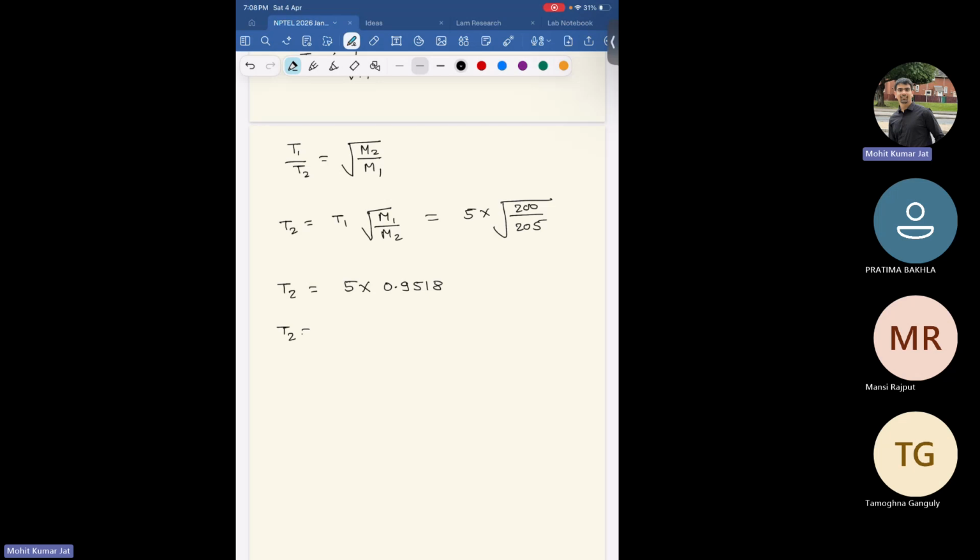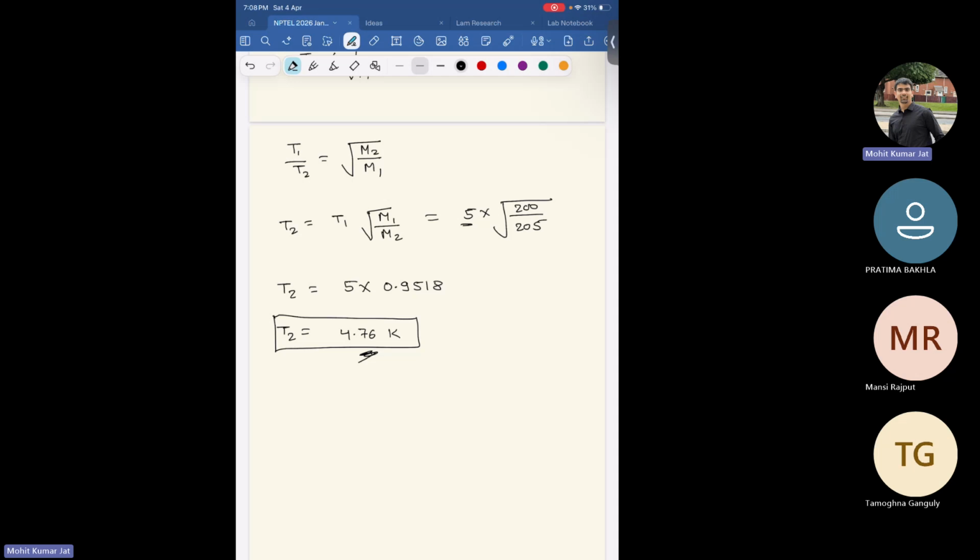This T2 will be times 5 Kelvin, around 4.76 Kelvin. So here the critical temperature changes from 5 Kelvin to 4.76 Kelvin. I think that's what it should be, you can check it also.